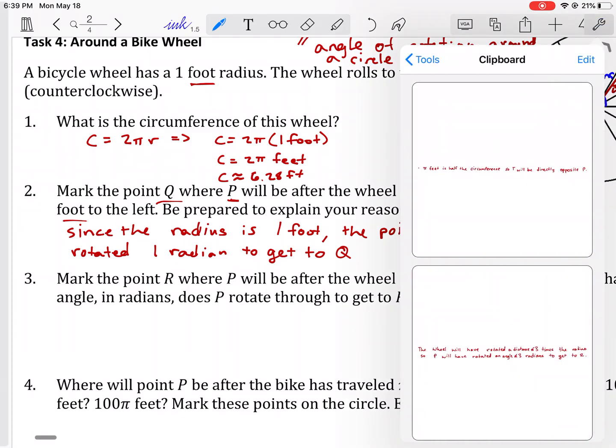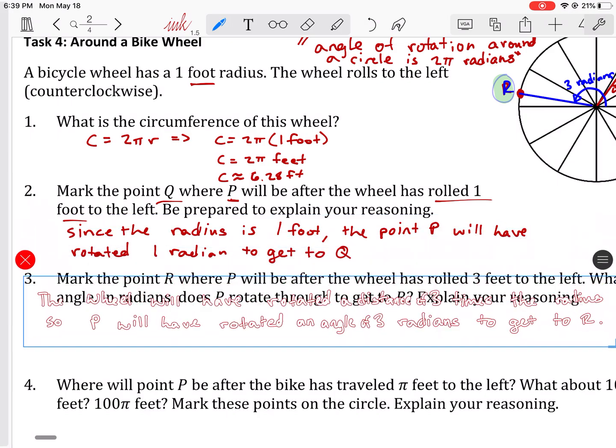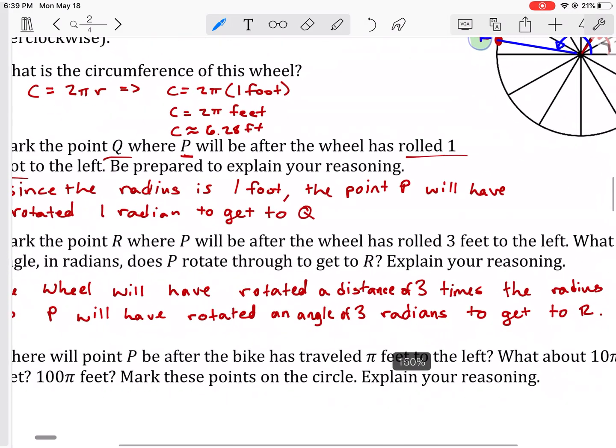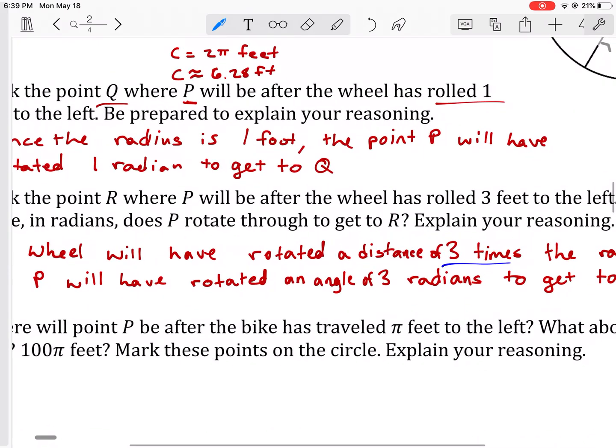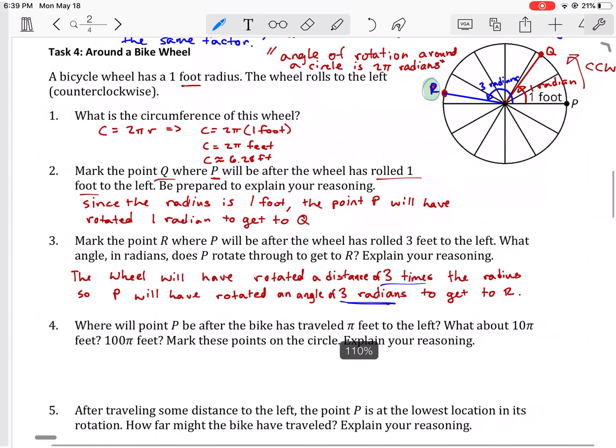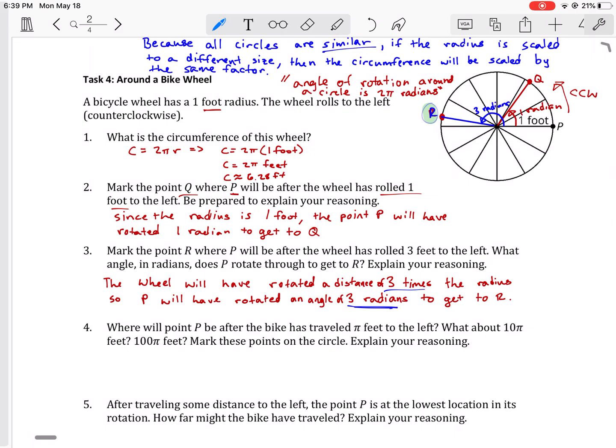And my explanation, this time the wheel will have rotated a distance of 3 times the radius. So P will have rotated an angle of 3 radians to get to R. So it went 3 feet, meaning the angle of rotation was 3 radians.